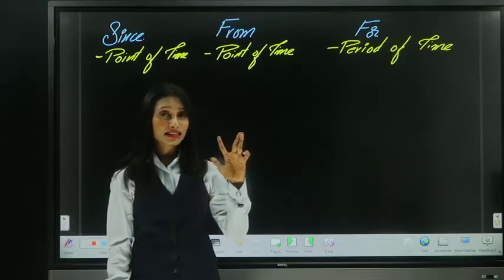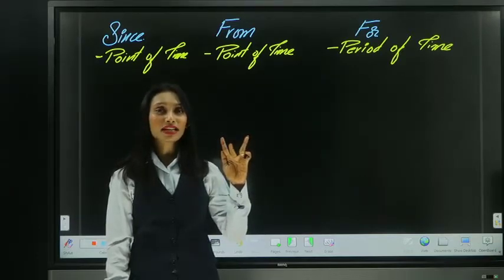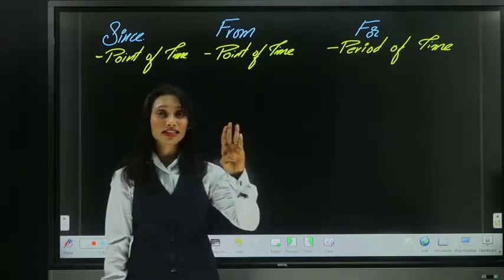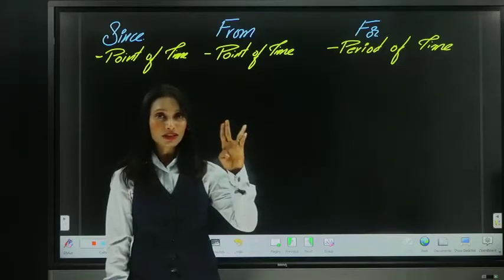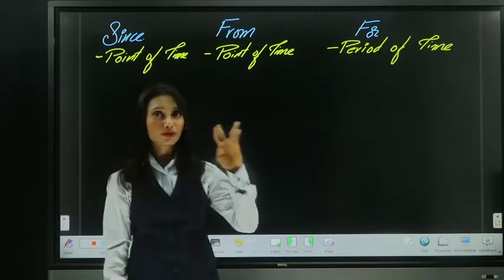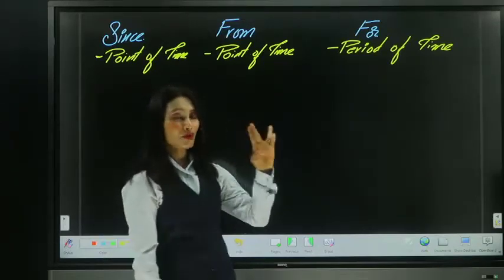Simple and continuous forms are called non-perfect tenses, whereas perfect and perfect continuous are called perfect tenses.